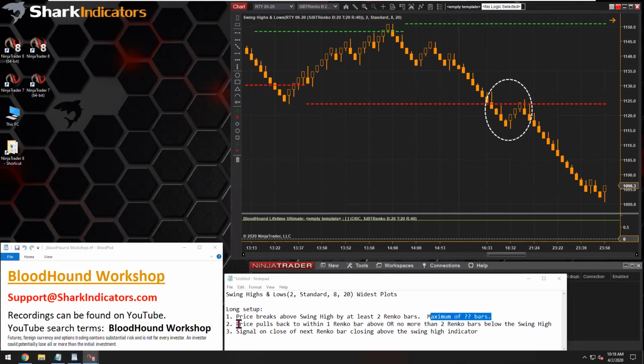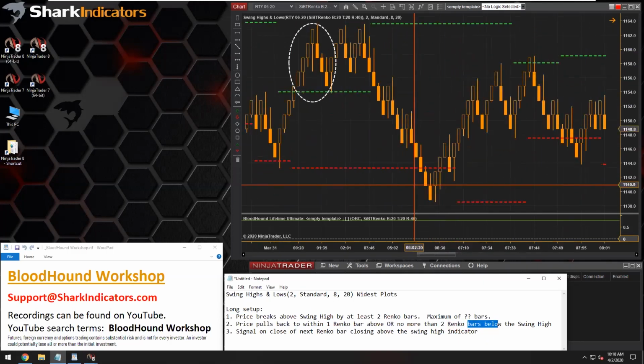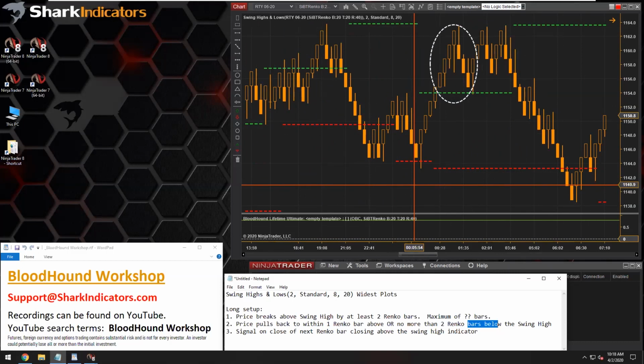And then part number 2, price needs to pull back to within 1 Renko bar, and this is basically 1 Renko bar short of the swing line, or no more than 2 bars past. Again, this is written for a long setup, so it says no more than 2 bars below. So let me go back.